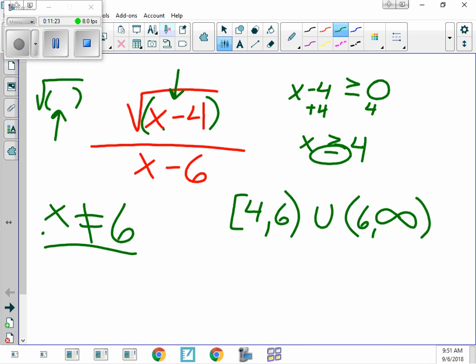That's the reason those are parentheses: 6 doesn't count. Okay. The other way to do it, you could do this, bracket 4 to infinity, and then say x is not allowed to be 6. But that's probably not the way it's going to show up on a test. But that technically is also correct. Everything here except 6. Okay?